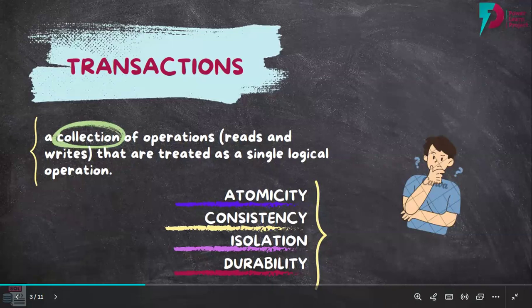Please write this down. Technical term for consistency is referential integrity. Write again. Technical term for consistency is referential integrity. Referential integrity is a method of ensuring that relationships between tables remain consistent. Okay.